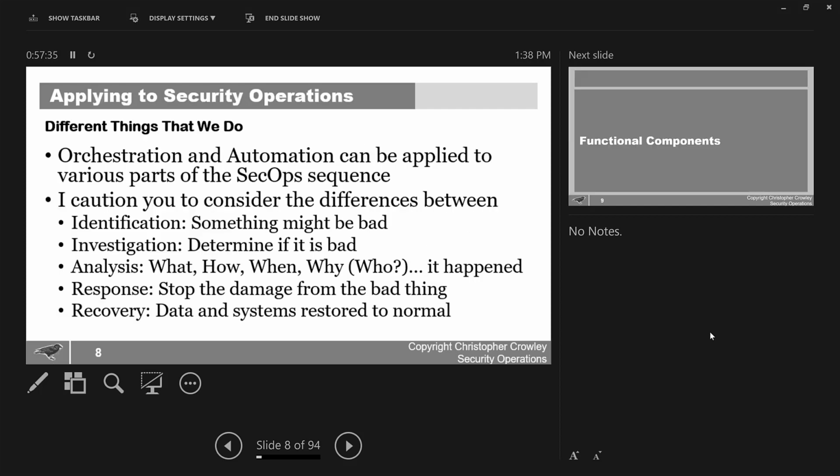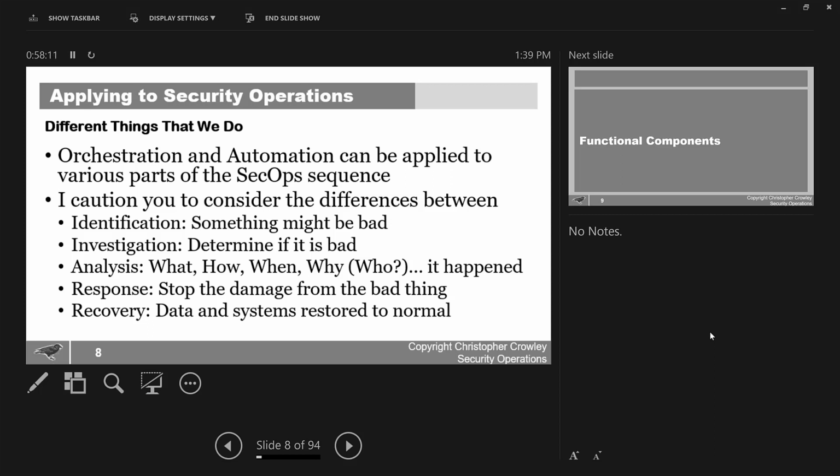So in our security operations, I want you to think about all the stuff that you do when you do work. Every single time that you start thinking about doing something, going forward, I want you to think about the characteristics of what that actually is. In security operations, I talk about identification: something might be bad, and I need to inspect that and determine, is this bad or not?